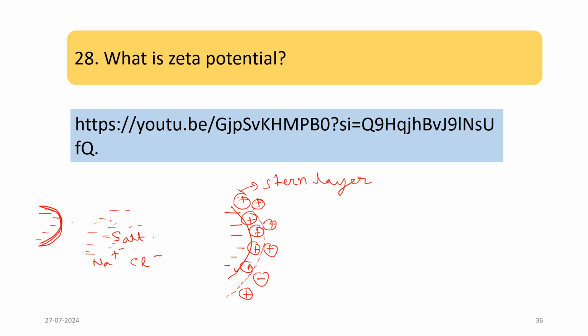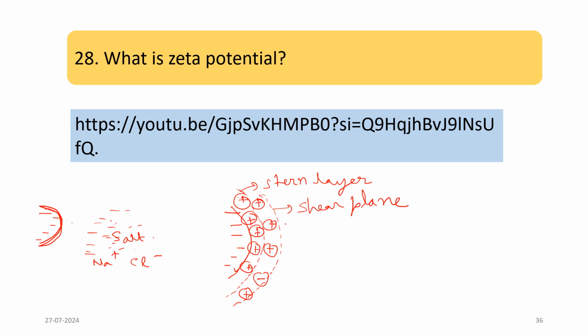But when we go a little bit away from the negatively charged layer, there is a mixture of positively and negatively charged ions. This creates a layer that is called the shear plane.